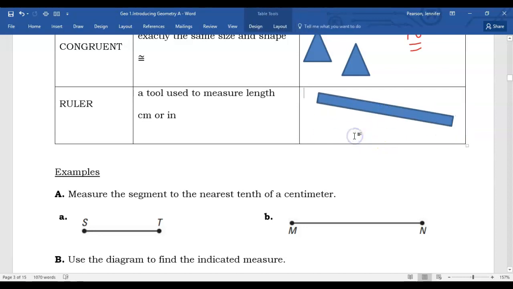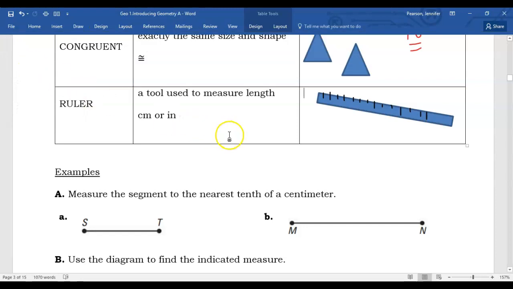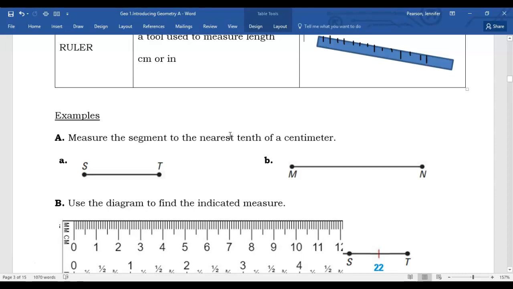And if we want, we can add our little hash marks in there because we're used to seeing rulers having little marks on both sides telling us how long something is. But I'm going to try to use this ruler that I copied and pasted to hopefully do these examples, and I hope I got the scale right so that it matches up whatever a ruler size would be in real life. If you need a ruler, we have those available at school.